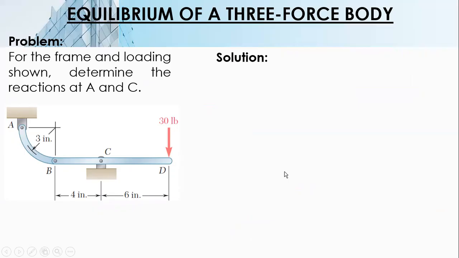Bali, i-separate nimo ni siya if possible. You can separate, pwede po dili. Bali, if you will consider BCD, you will only have three forces. Force sa B, reaction sa C, and then 30. Three-force body. Pero, we can also combine this one para three-force body analysis lang yapon.